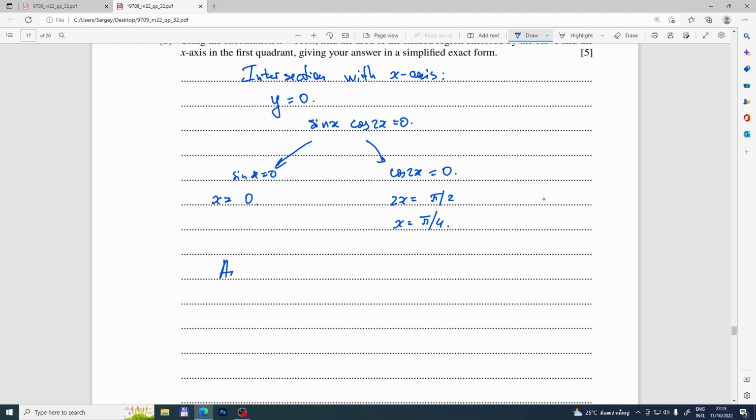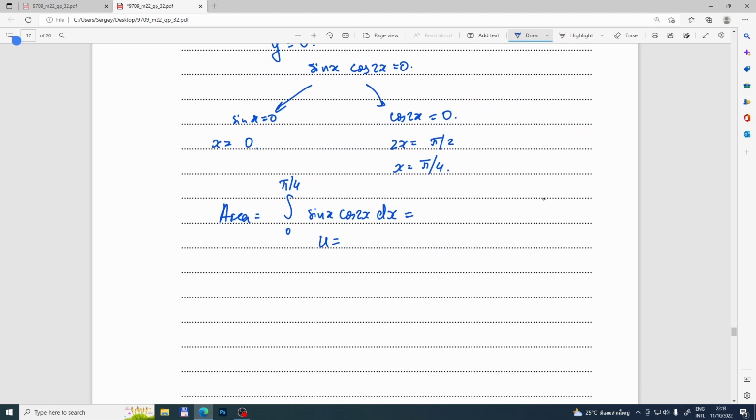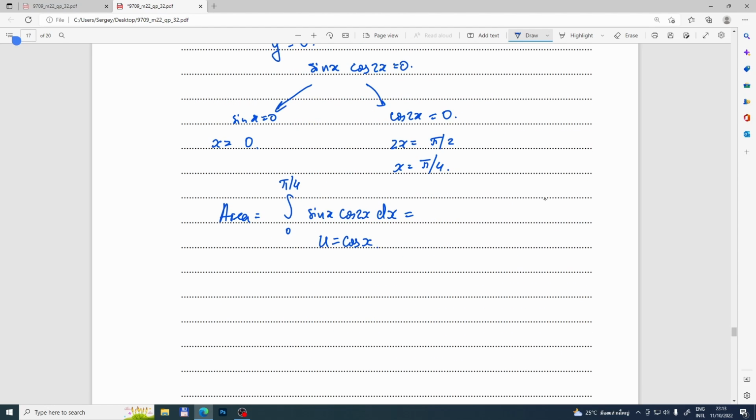So that means that the area equals the integral from 0 to pi over 4 of sine x cosine 2x dx. Now it's time to use the substitution. So u equals, as the question suggests, cosine x. And then we'll have to rewrite this integral in terms of u.